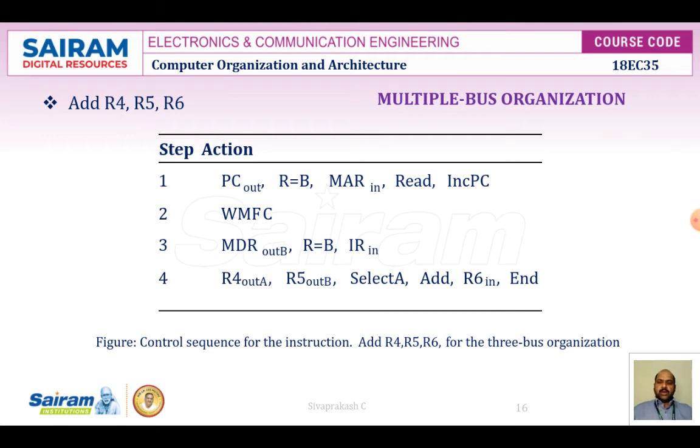Three different buses operate for taking the data from R4, taking the data from R5, and feeding the data to R6. All are connected and operate in parallel. So the execution cycle is completed within one control step, nothing but one clock pulse, one clock signal.